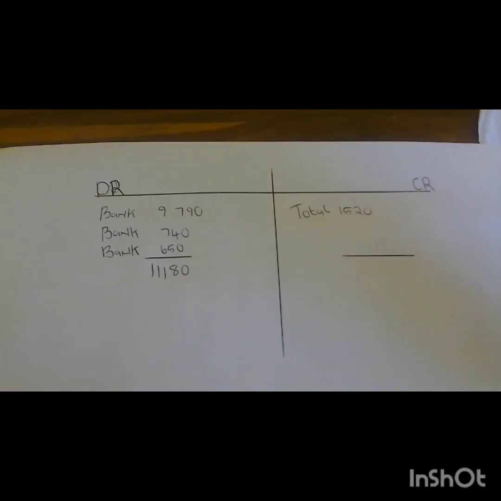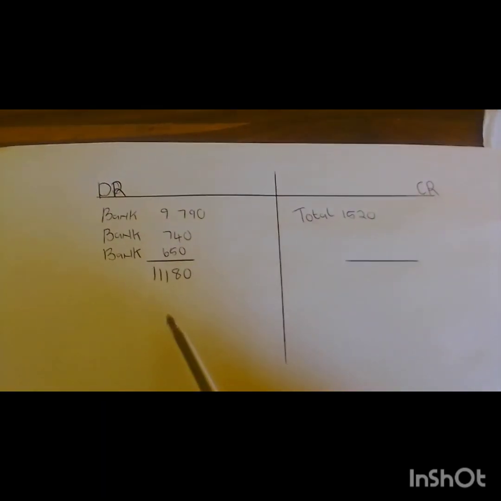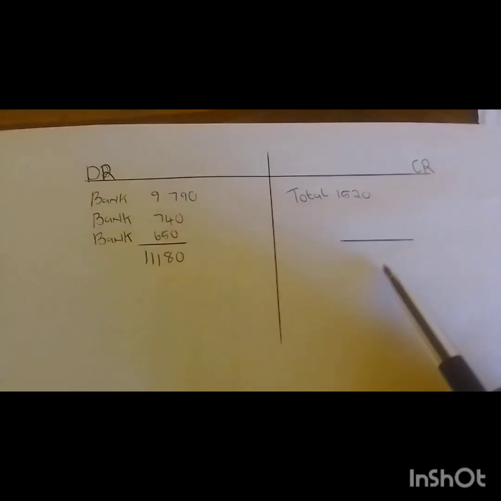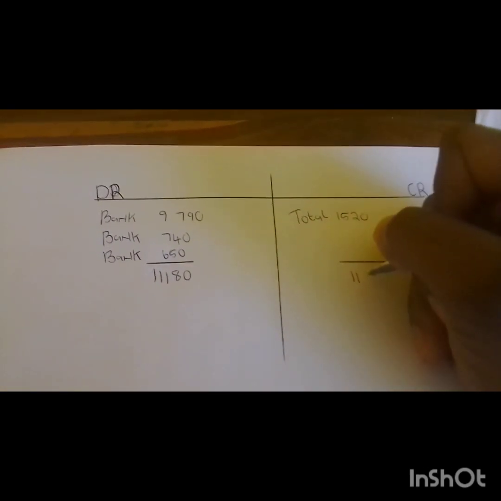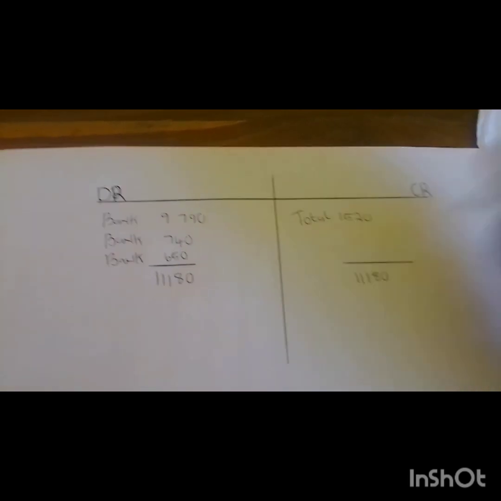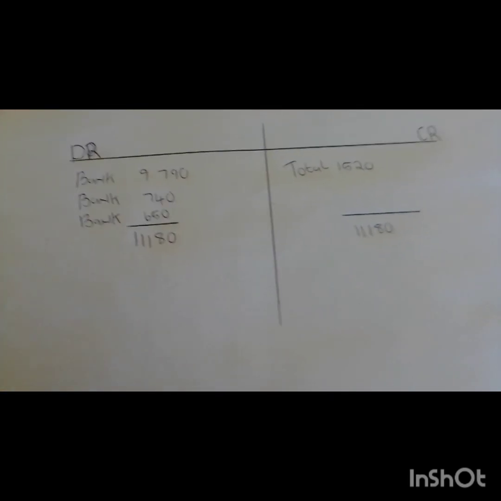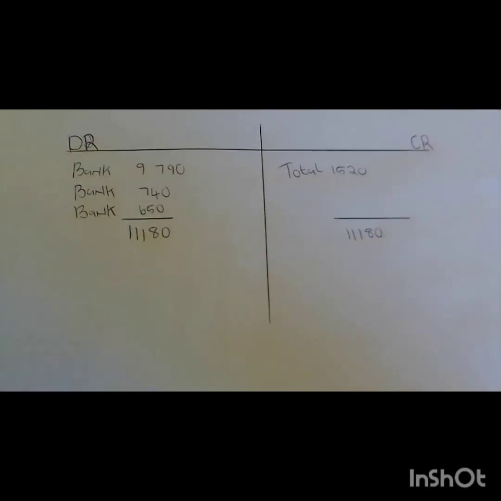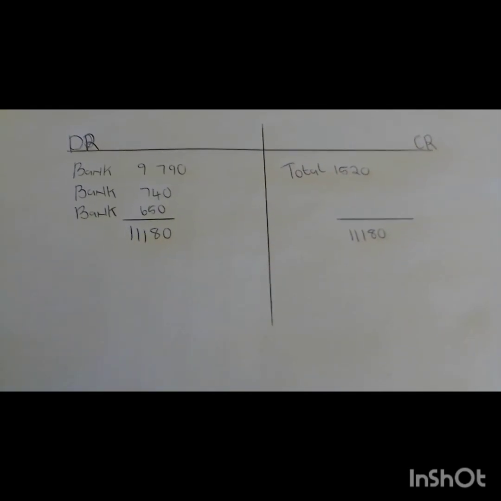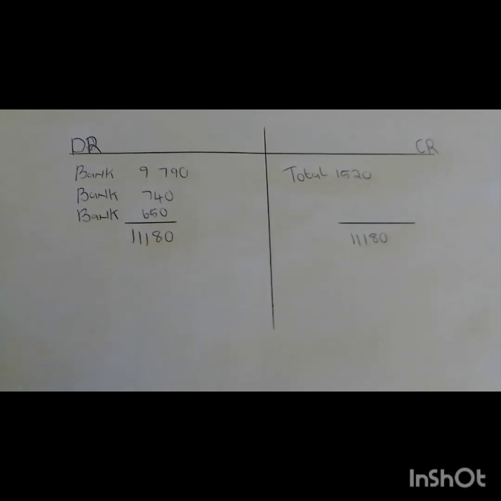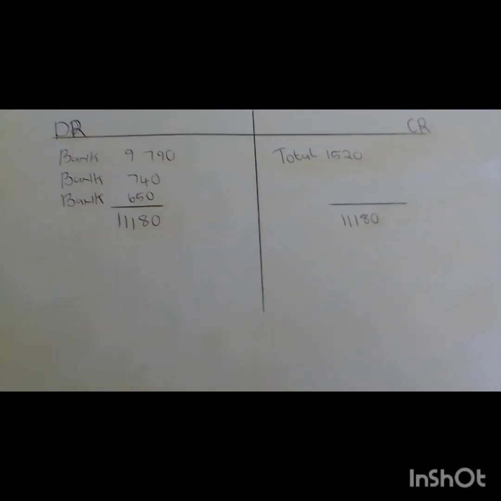This same amount, you write it as well on this side, which is 11180. What you do on the left, you do on the right. What you do on the right, you do on the left. In this case, the debit side was greater, so we are going to take that amount and record it as well on the credit side.